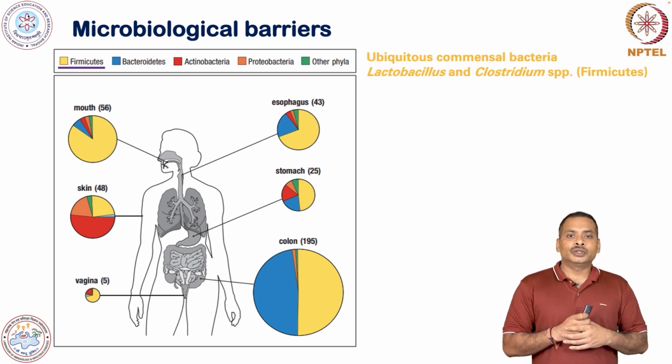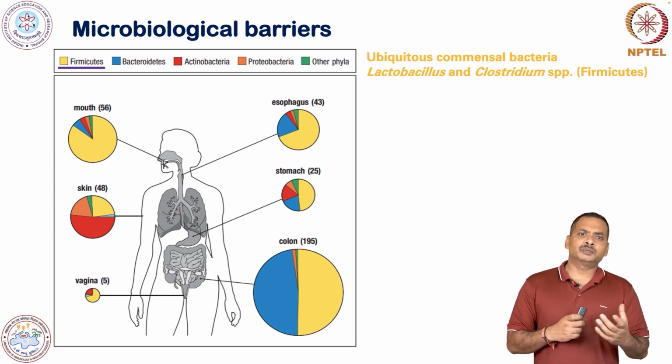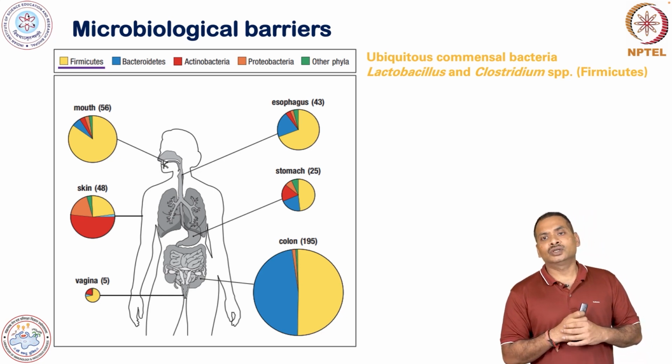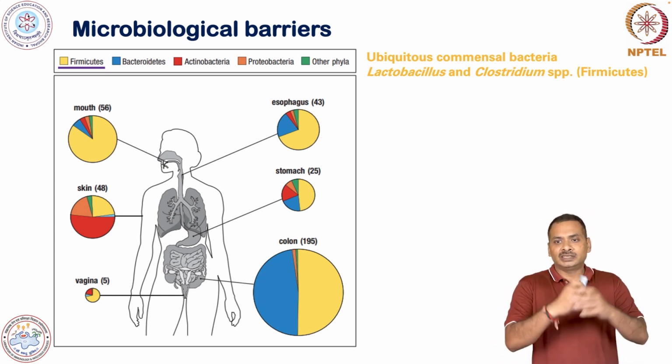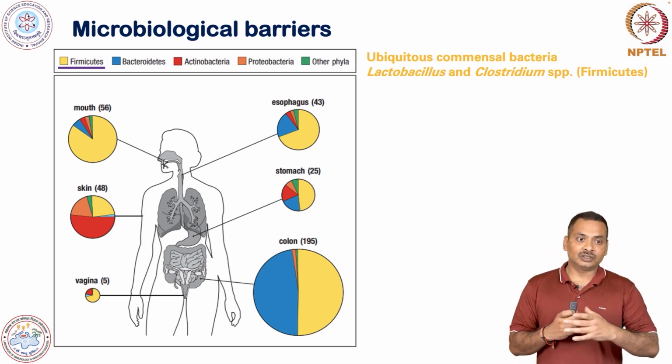So what are these Firmicutes? Basically they are commensal bacteria, species of Lactobacillus and Clostridium, and they constitute such a huge mass. They are present on skin also.